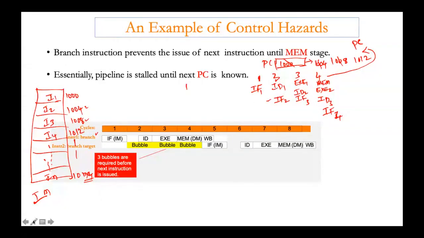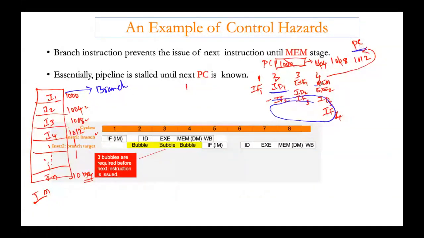As soon as it indicates that it is a branch instruction, it stops fetching the remaining instructions until your program counter is updated.